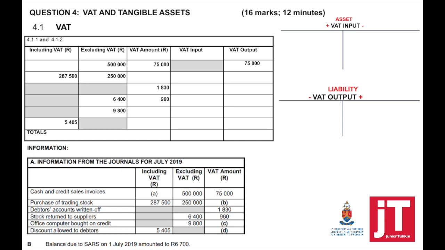We are entitled to claim that VAT, so that money is then owed to us by SARS. This is why this is regarded as an asset. The difference between the two is our responsibility to pay over to SARS on a bi-monthly, every second month basis. This is all because we are registered as a VAT vendor.